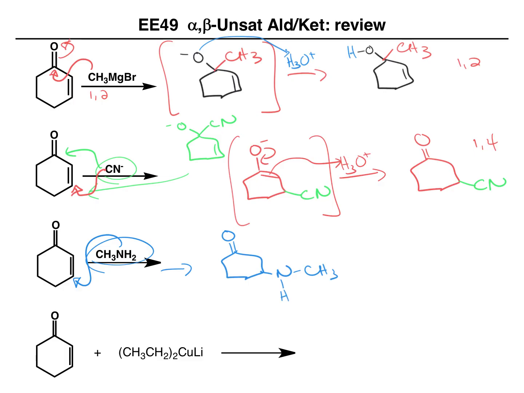And with our last example, we have a lithium dialkyl cuprate. Now, the mechanism is not the same, but we can think of this as if it is a weak base, which means it is a weak nucleophile, which means we're going to get the 1,4 addition products. So what we will end up with is a product that looks like this.